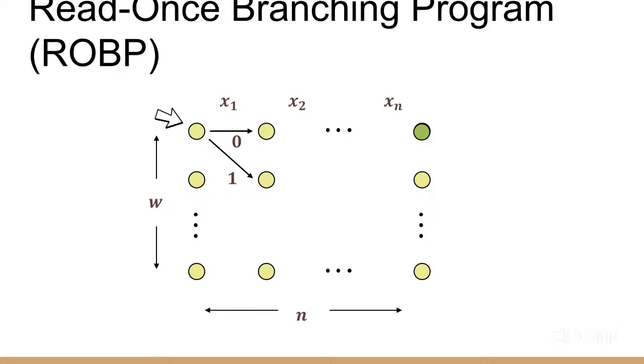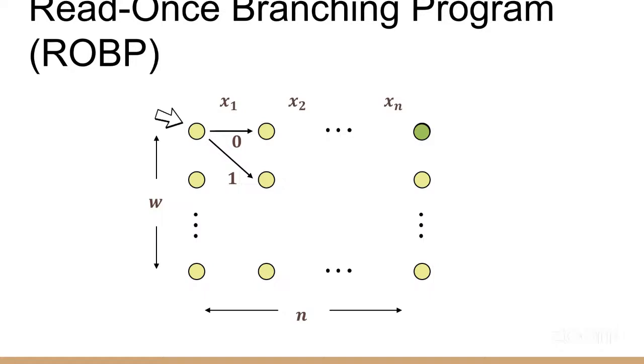So for every n-bit input, there is a path in this read-once branching program that takes you from the start vertex to a vertex in the last layer. And if that path reaches this dark green vertex, then you accept that input. 0 and 1 are the input bits. When I talk about the branching program for the coin problem, we will think of 1 as heads and 0 as tails.